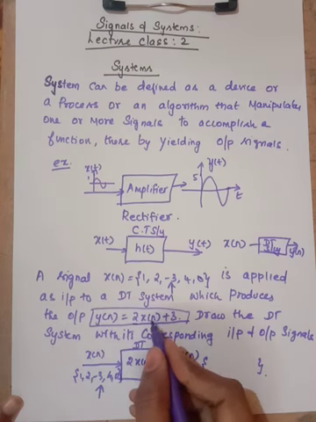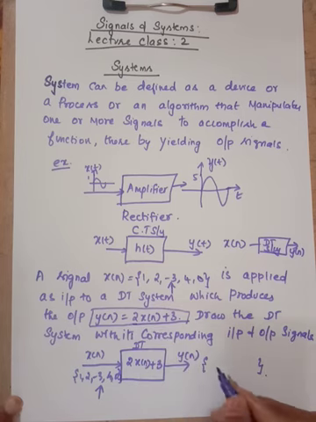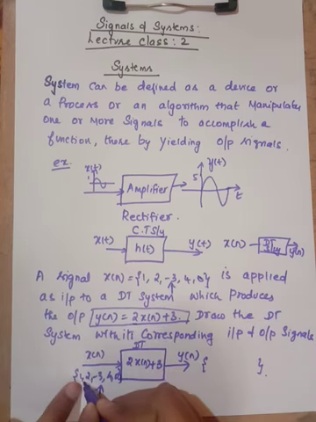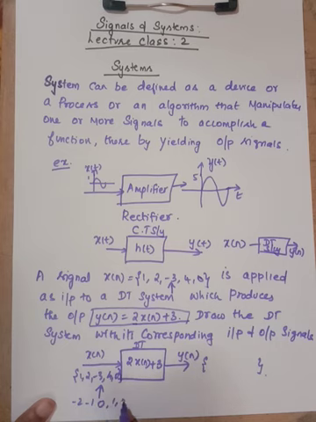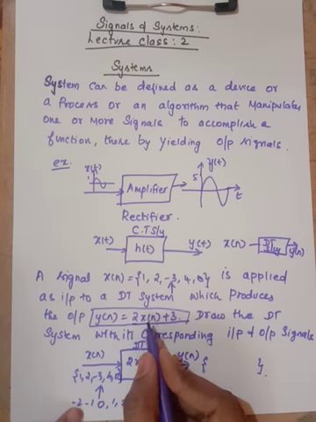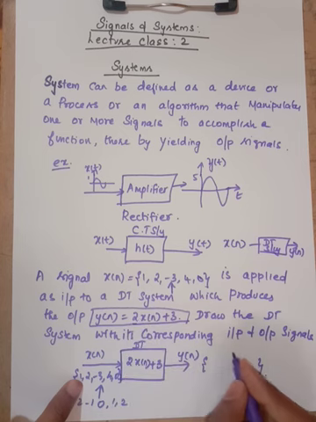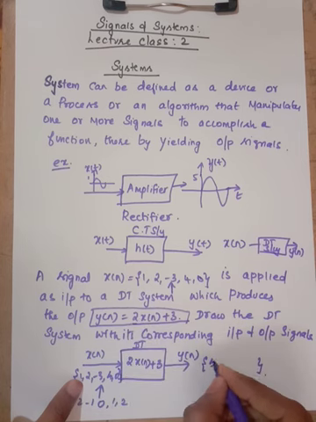Now when you apply the values to this system, what do you get? Consider the first value, at the index minus 2. Here the origin is 0, then minus 1, minus 2, 1 and 2 are the index values. When x is 1, you get 2 plus 3, which is 5.